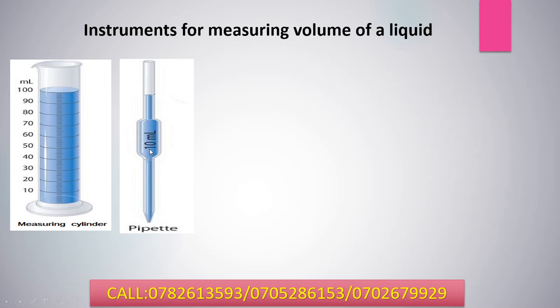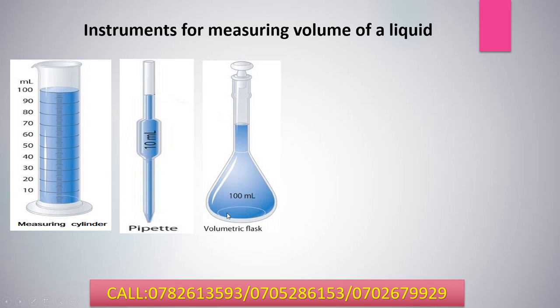If they say this one is up to 10 milliliters, it means that when you suck the liquid up to this point, those are 10 milliliters. Then you have what we call a conical flask or volumetric flask. It also has a calibration mark which shows that if it is 100 milliliters, when you pour the liquid up to here, it will be 100 milliliters. A pipette and a volumetric flask have fixed volumes.